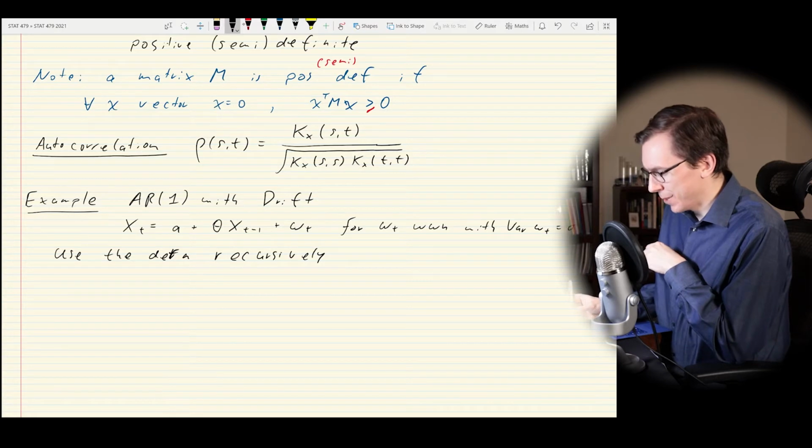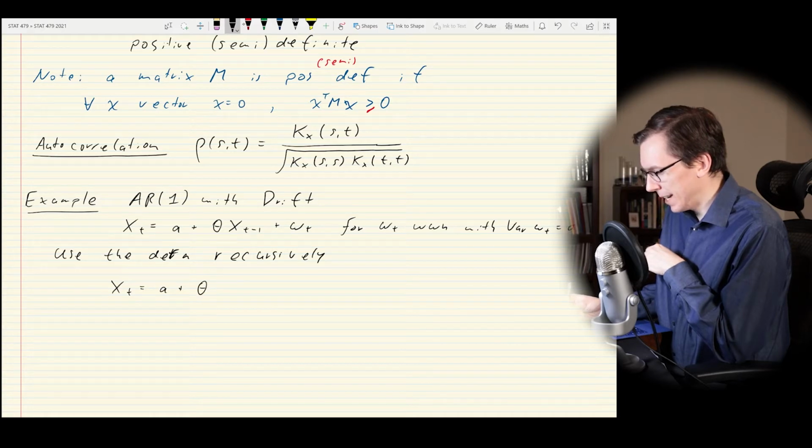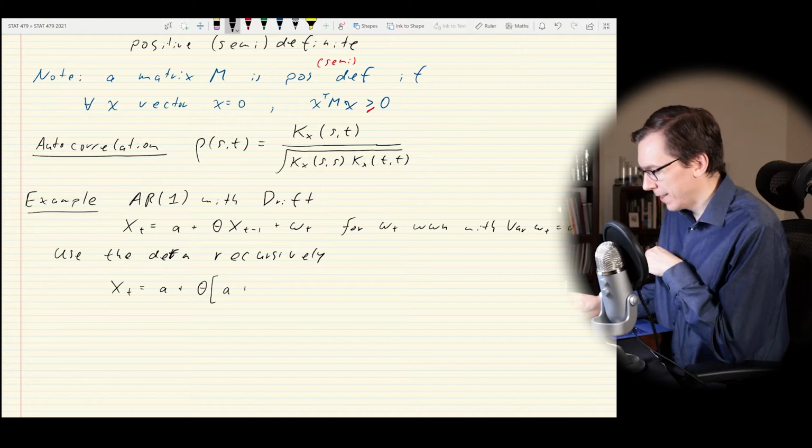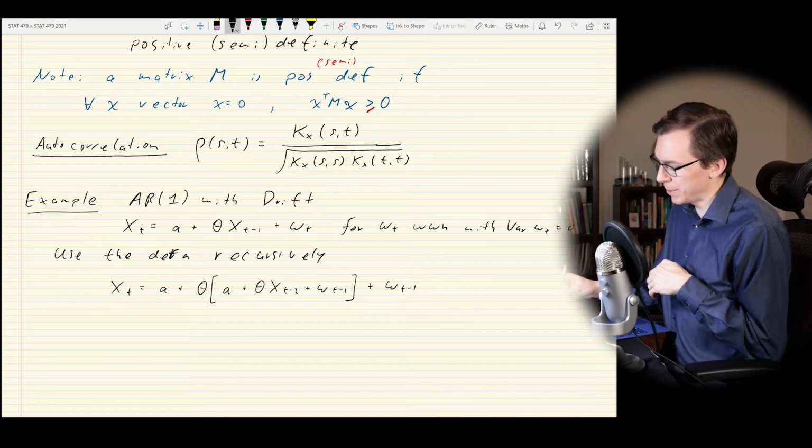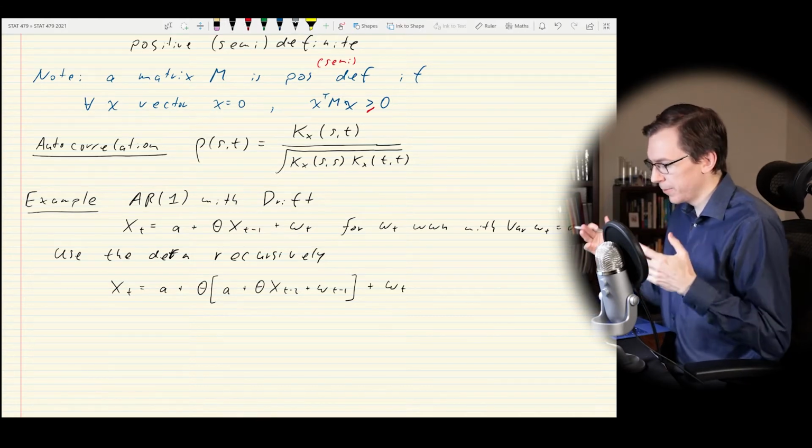Anyway, if we apply this definition recursively, what happens? We still have an a here, but then when we apply the same definition to x_{t-1}, we get another a. Then we get another theta with an x_{t-2}, and we get a w_{t-1}, and we add to that w_t.